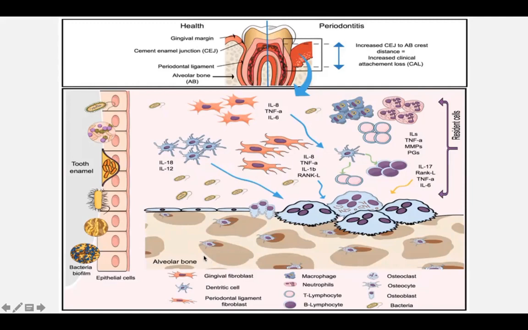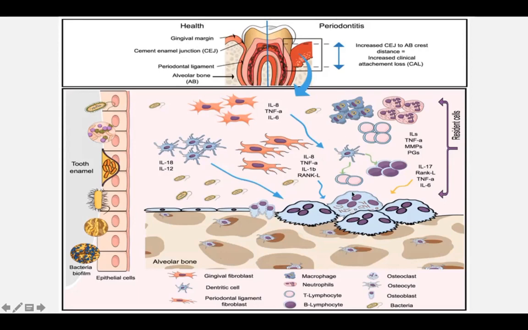Let's go over some basics of this. On the outer side is tooth enamel, then we have epithelial cells here, then alveolar bone, and this is the space. These are the resident cells found in the space. And below we have the legend. The legend tells the names of these cells and how they respond.